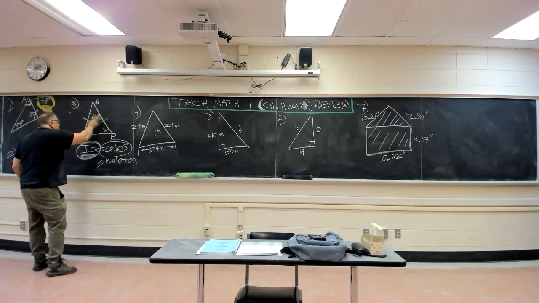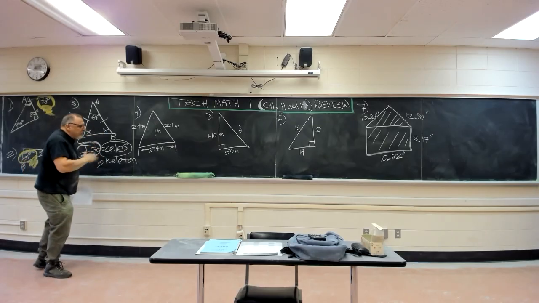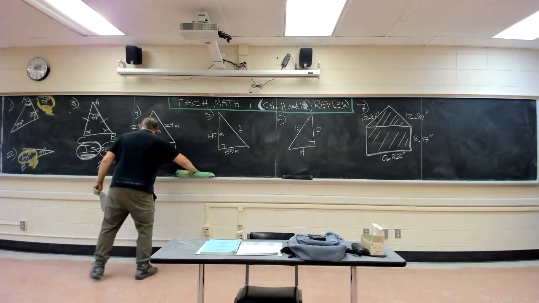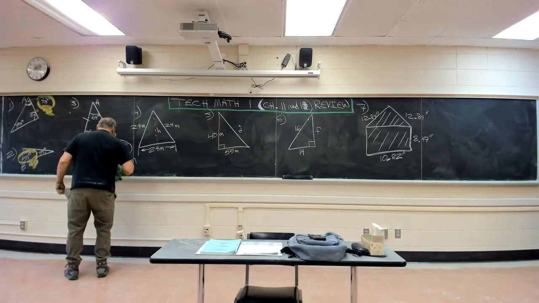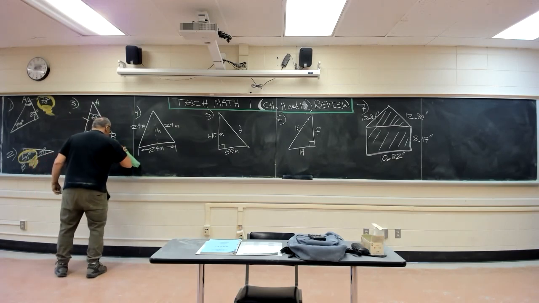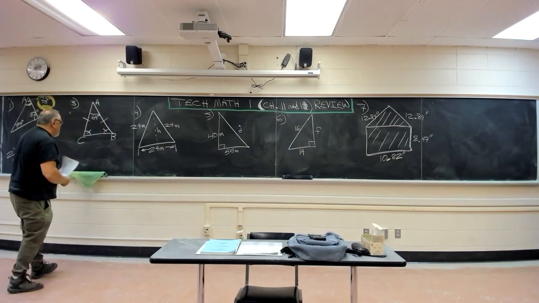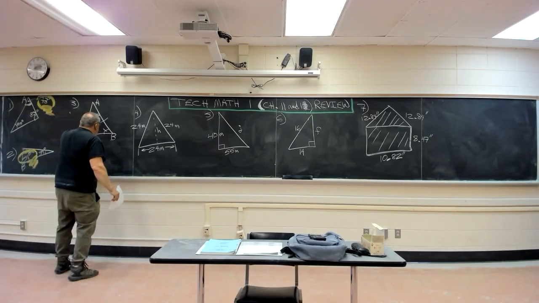Anyway, if this is an isosceles triangle, the angles associated with the equal length sides are themselves equal size angles. So the angles opposite each of those sides are congruent to one another.